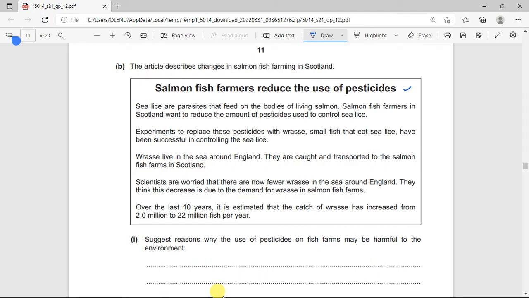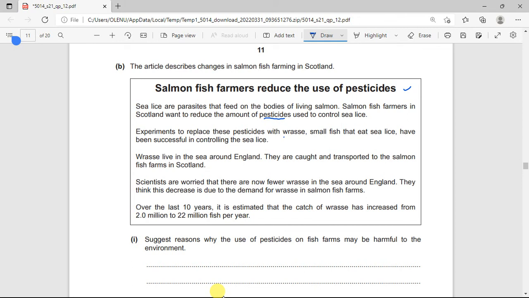Salmon fish farmers in Scotland want to reduce the amount of pesticide used to control sea lice. Experiments to replace the pesticide with wrasse, small fish that eat sea lice, have been successful in controlling sea lice.